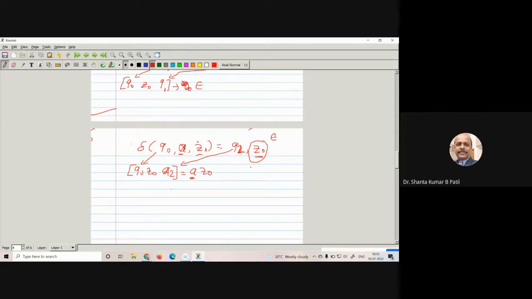If two variables are there, for example, you can take delta of q naught, b, Z naught is equal to q naught, a b c.